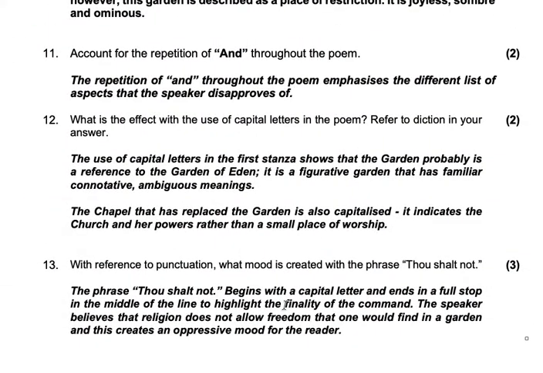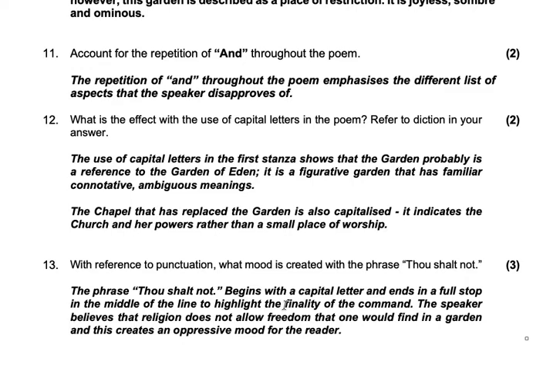Remember, repetition is used to emphasize, but to emphasize what exactly? The repetition of "and" throughout the poem emphasizes the different list of aspects that the speaker disapproves of. Okay, that's a straightforward question. But I doubt you'd get something like that in the exam. I don't know. Maybe you will. Seems super easy.